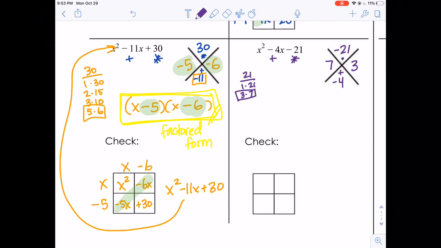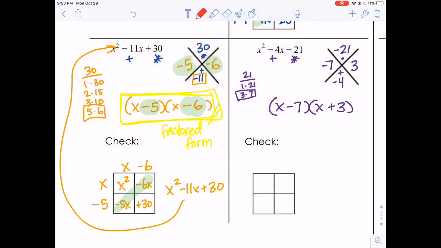I know one of them needs to be negative in order to make that negative 21 on top. And I know when I add them together, I should have a negative 4. So I need my bigger one to be negative. Negative 7 plus 3 is negative 4. So I have here x minus 7, x plus 3. I'm hoping that's my answer.